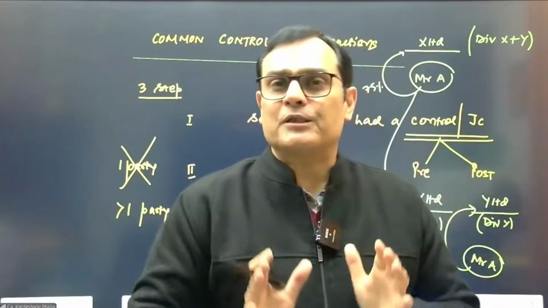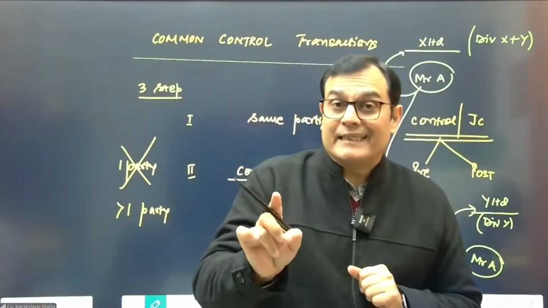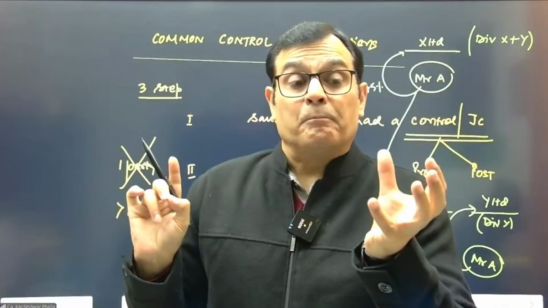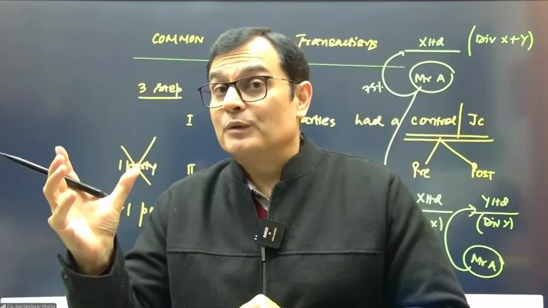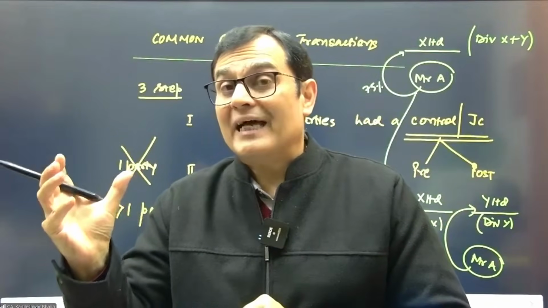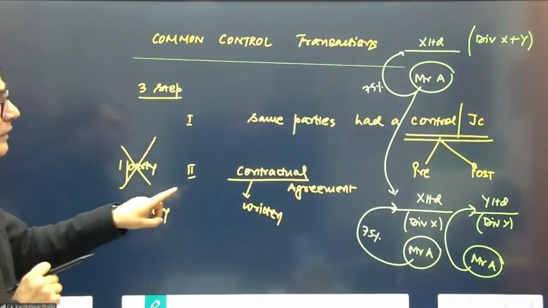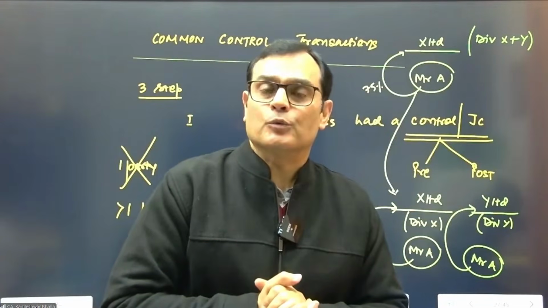If there is no written agreement between A and B, then we can say common control accounting will not apply. So the parties who have joint control over the entity should have a written agreement with each other to act jointly as well. This will be seen only if there is more than one party achieving a joint control together.